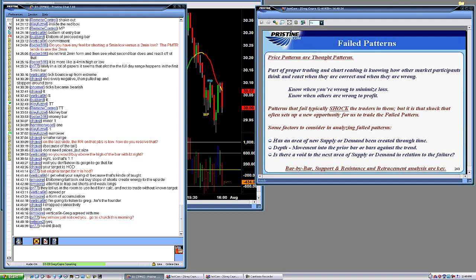Everything we've been talking about has to come together in our analysis to determine the highest probability trades. Is there a tradable void? Although you get a setup, doesn't necessarily mean that there isn't resistance right to the left of it.